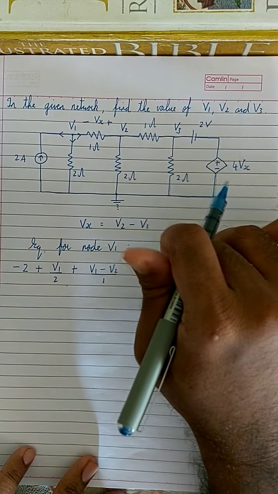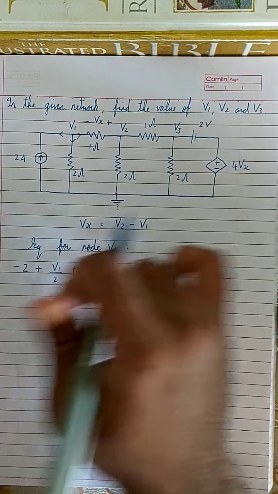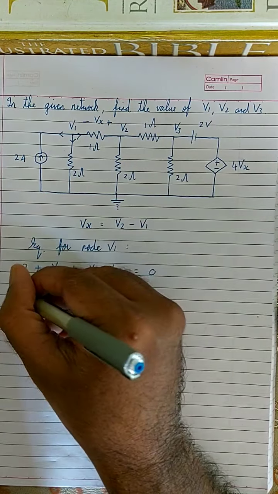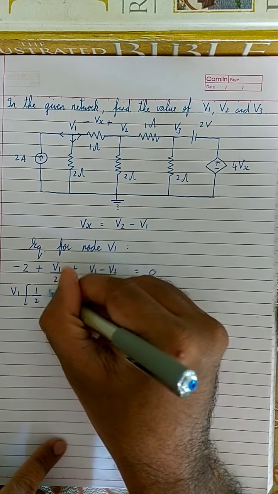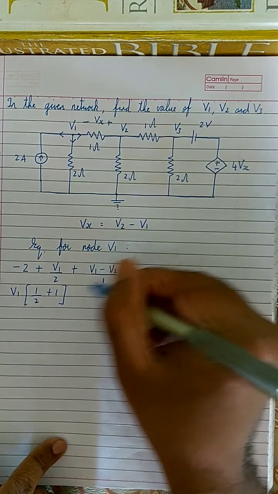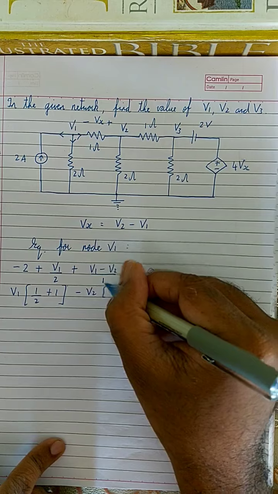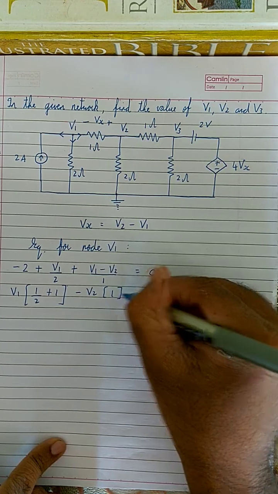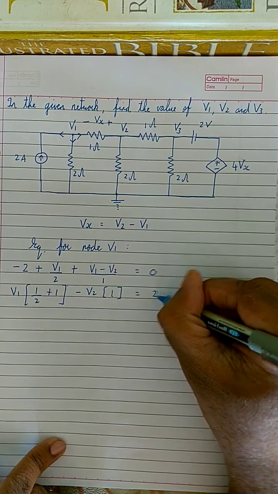Now I'm going to write in terms of V1 and V2. So this will become V1 into 1 by 2 plus 1, minus V2 into 1 by 1, which is 1 itself, is equal to, and there are no other constants, so this minus 2 will become plus 2.